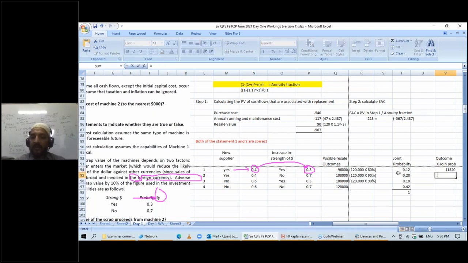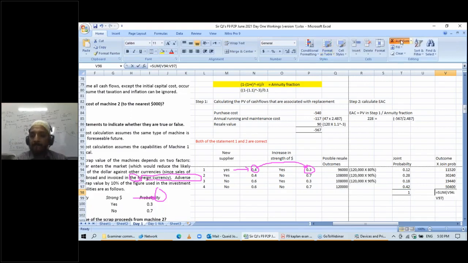Then 0.28 in the second case multiplied by 108,000, likewise 0.18 multiplied by 108,000, and 0.42 multiplied by 120,000. This is known as expected value. This gives you 111,600. This is the expected value they are asking for.